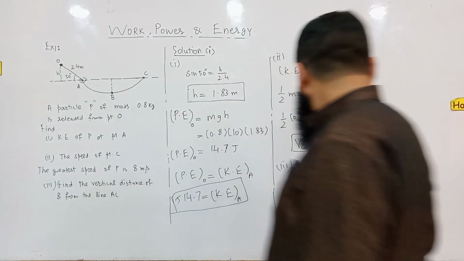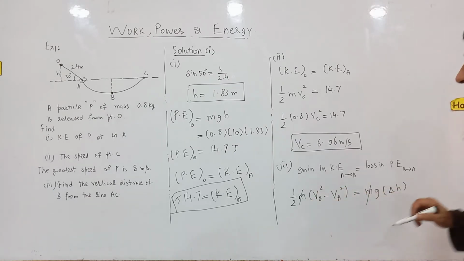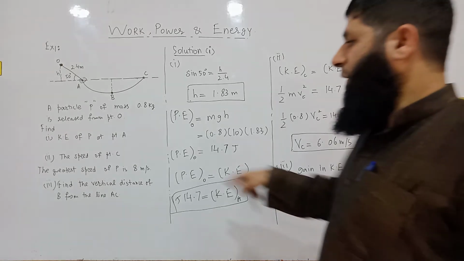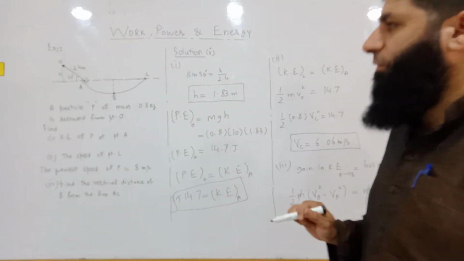Okay, now we can cancel these two quantities, and the velocity at point B will be 8 meters per second, because it is given that the greatest speed of this particle is 8 meters per second.